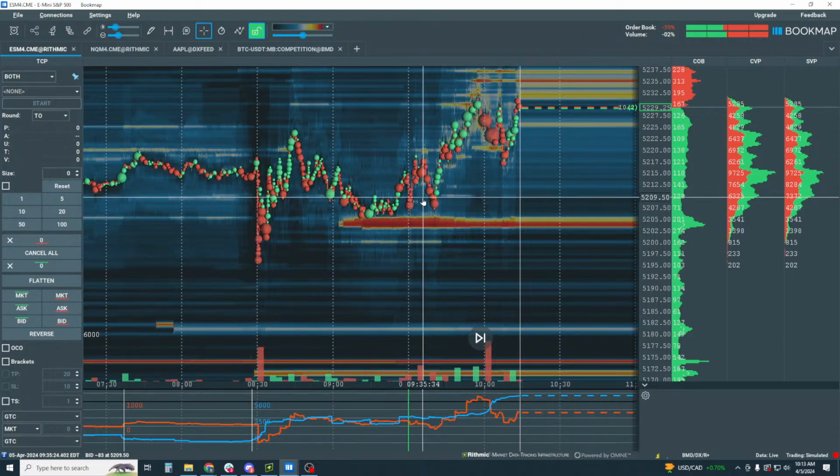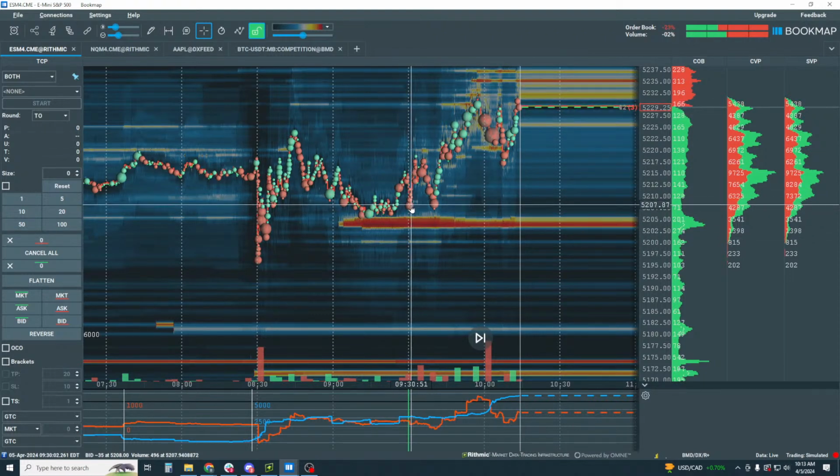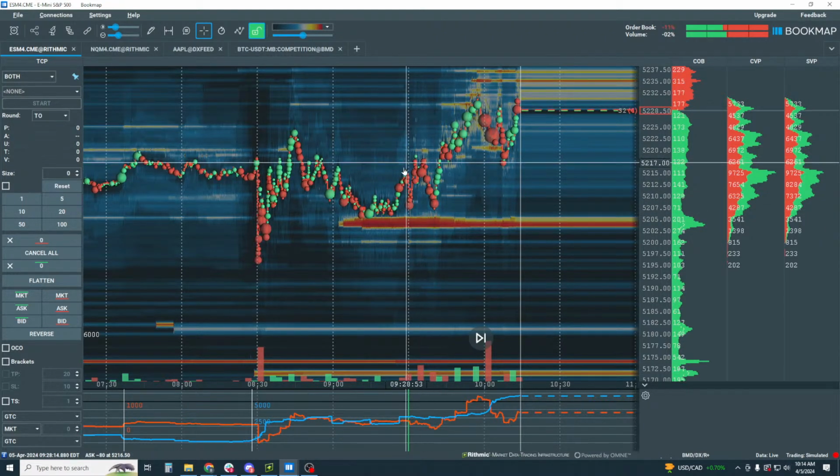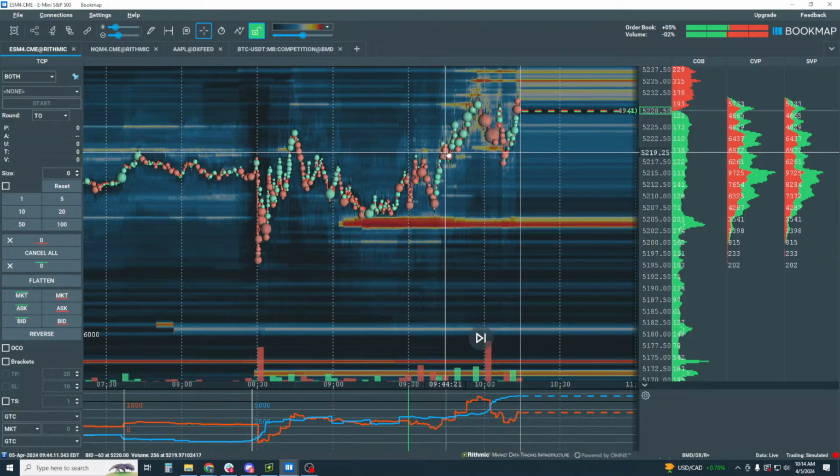So then we see our 9:30 cash open right here. Some volatility, some selling coming in, but buyers lift it away from all of this price action in here. It accepts higher.